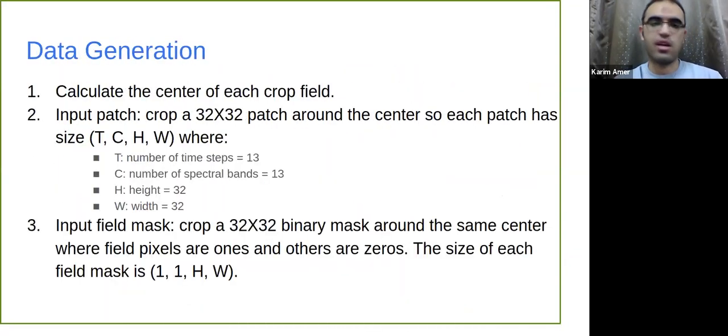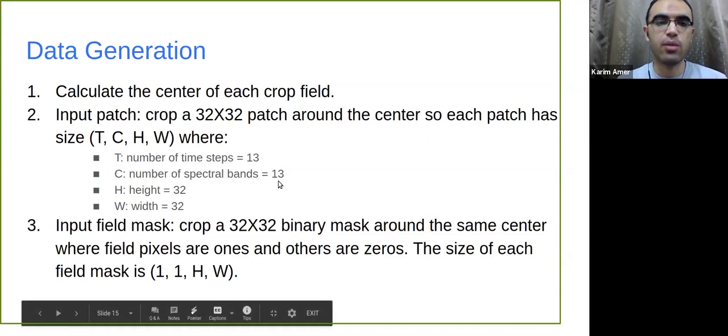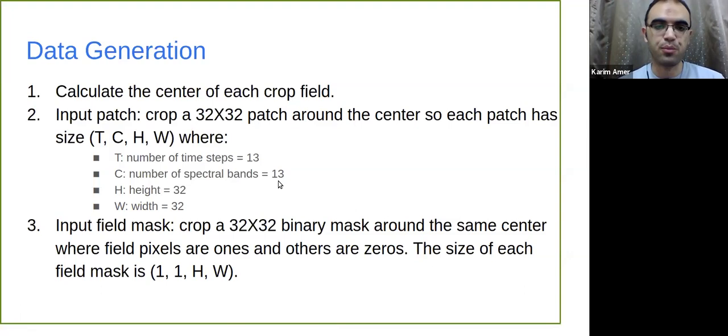To include all the other information, I take the 32 by 32 batch for all the spectral bands and all the time steps. So each crop field is represented by a 4D matrix with the number of time steps, by the number of spectral bands, by height and width.